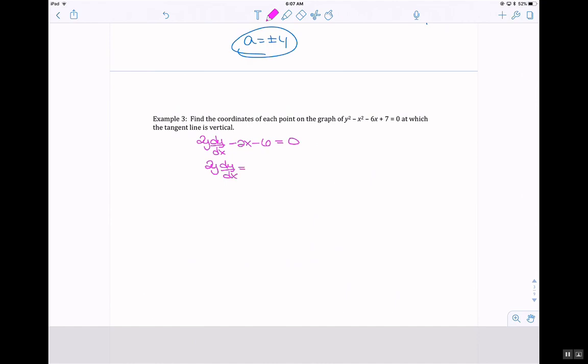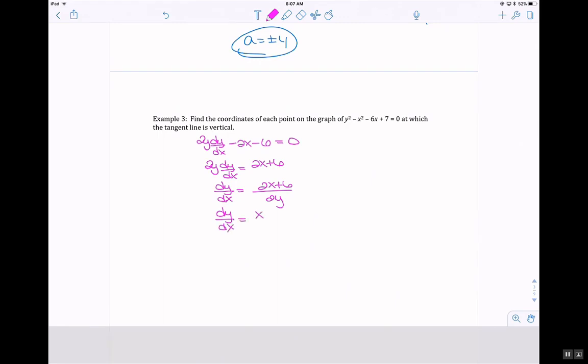So I'm going to isolate my dy dx, so 2y dy dx is equal to 2x plus 6, so dy dx is equal to 2x plus 6 divided by 2y.